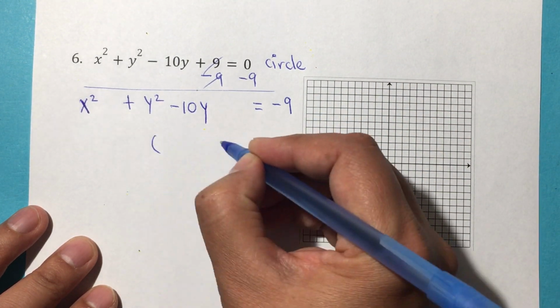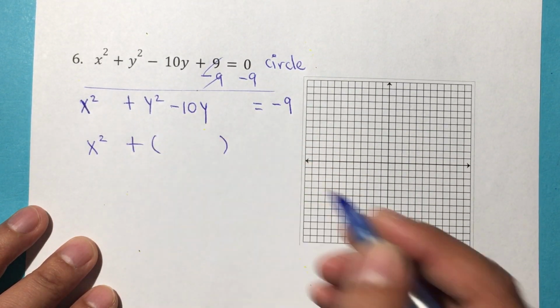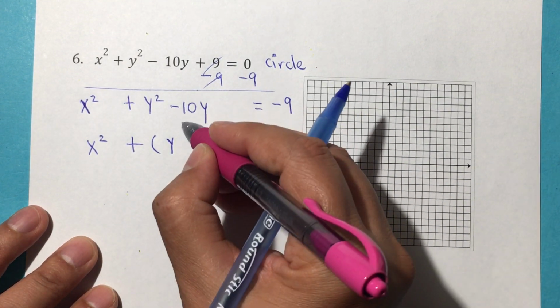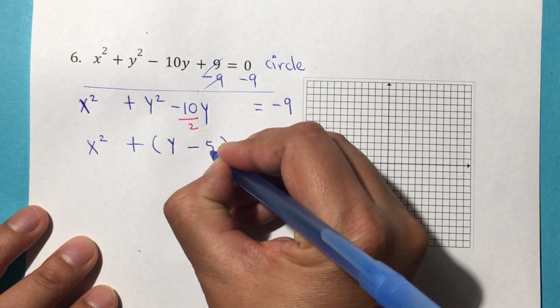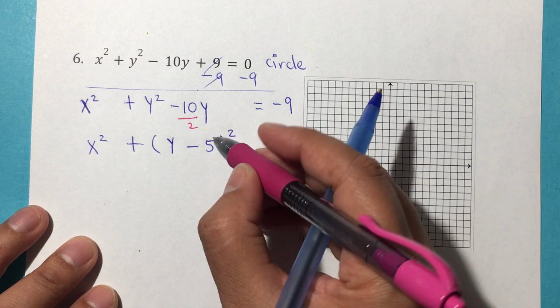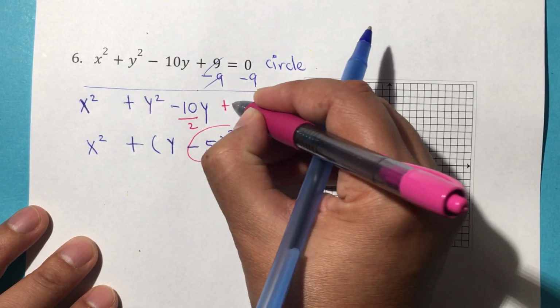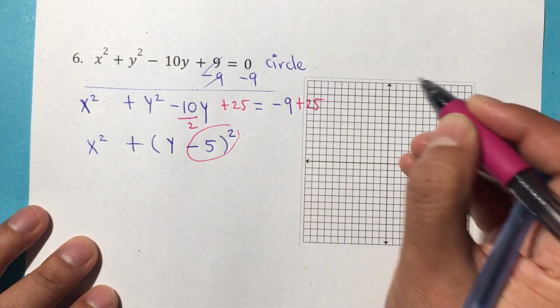I'm going to complete the square for y, just bring down the x squared. And so in here, I'm going to have y divided by 2. So negative 10 divided by 2 is negative 5. And that's squared. So I'm going to raise this to the second power, and negative 5 times negative 5 becomes positive 25. So I'm going to add it in here, and I'm going to add it on the other side.